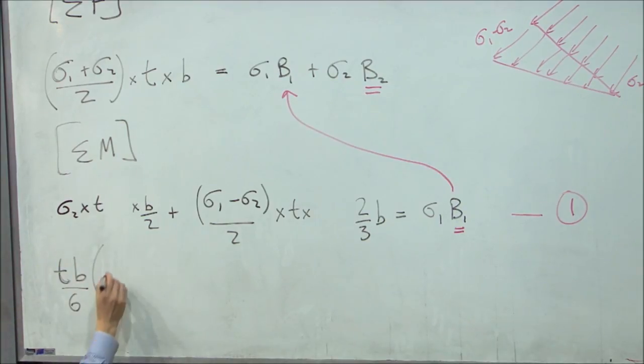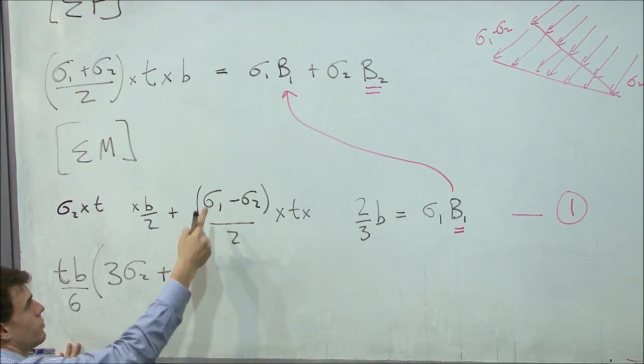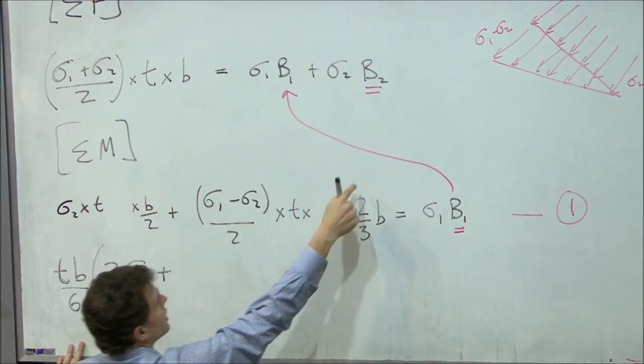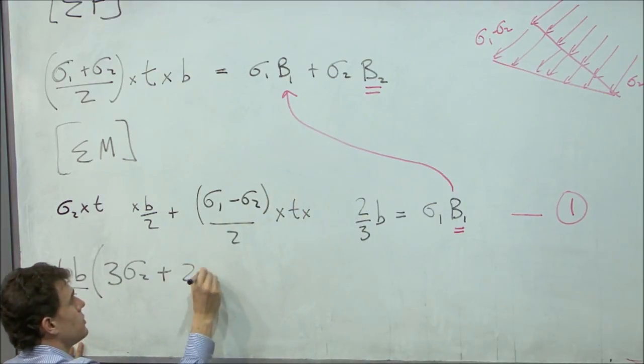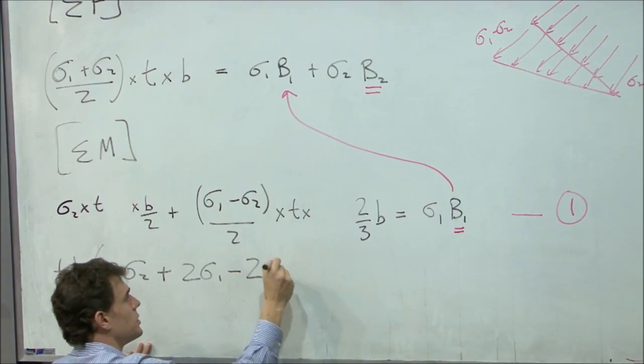So in here I'm going to have 3 sigma 2. From this term I'm going to get, there's a sigma 1 times a 2. So 2 sigma 1 minus 2 sigma 2.